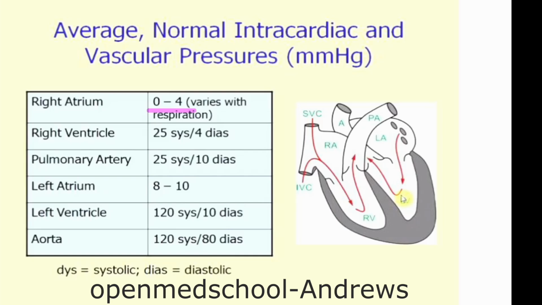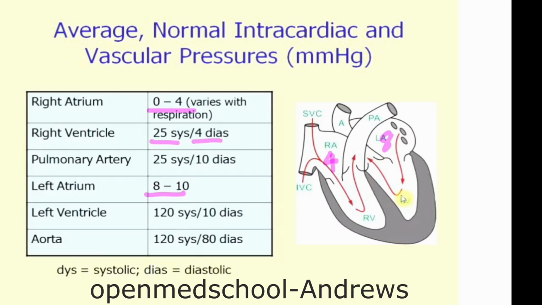The left atrium is almost double, 8 to 10. So right atrium take it as 4, left atrium as 8. Then think about the right ventricle. In diastole the right ventricular pressure is the pressure in the right atrium, and in systole it is 25. So remember 4 and 25.